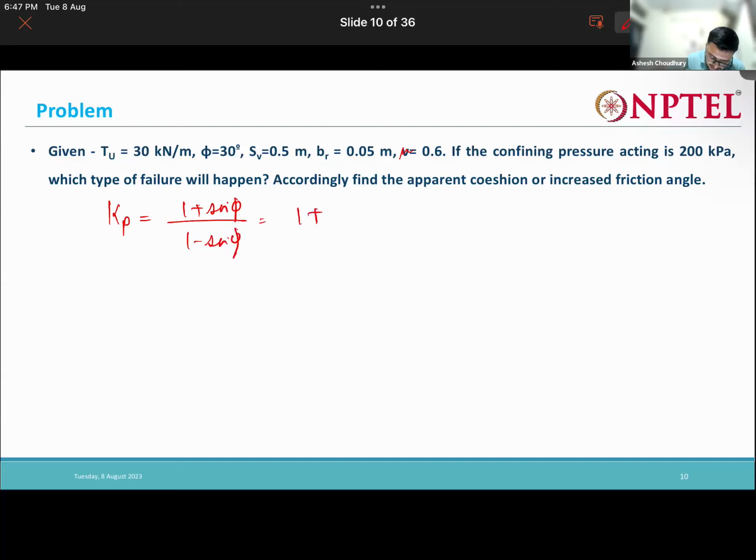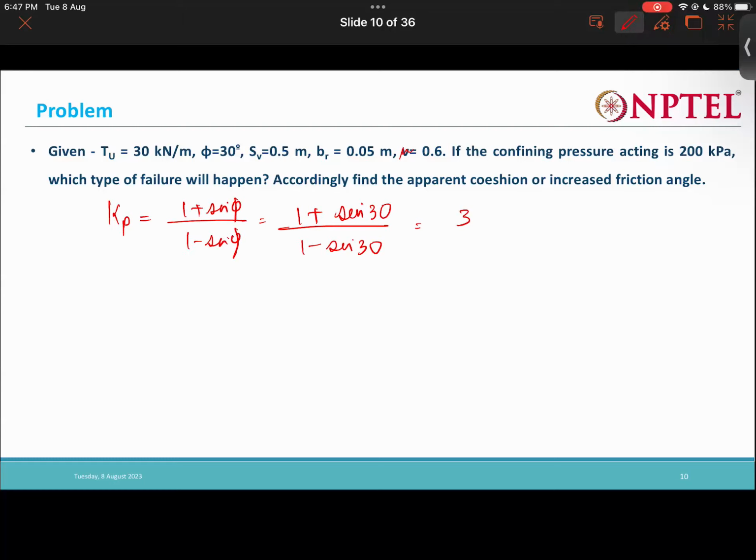So 1 plus sin 30 by 1 minus sin 30, so it will be 3. Then after that, the apparent cohesion C equal to Q by 2 Sv root of Kp.